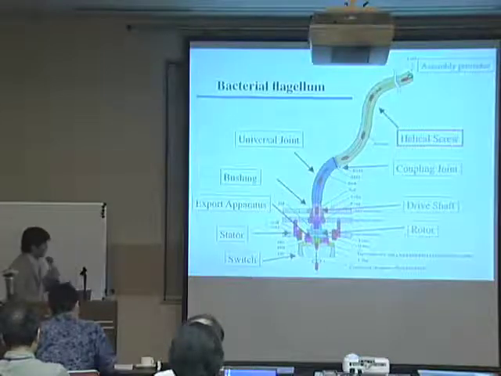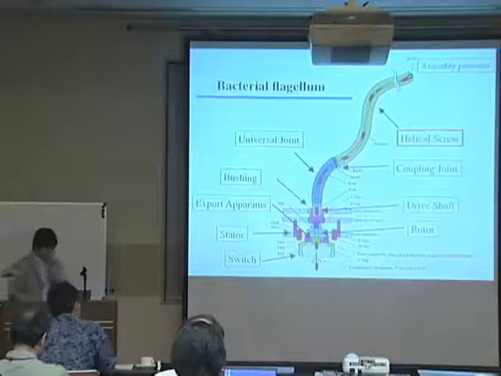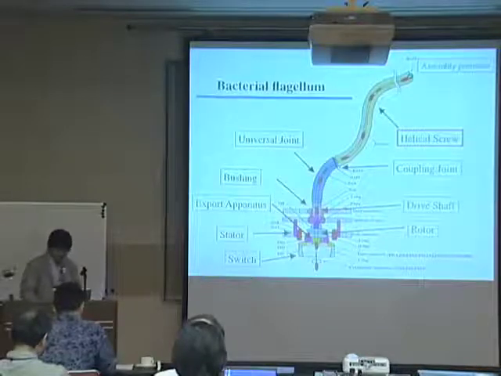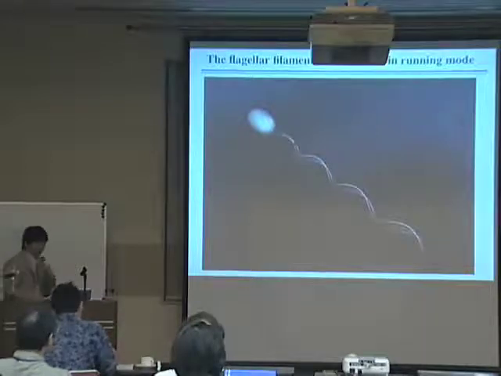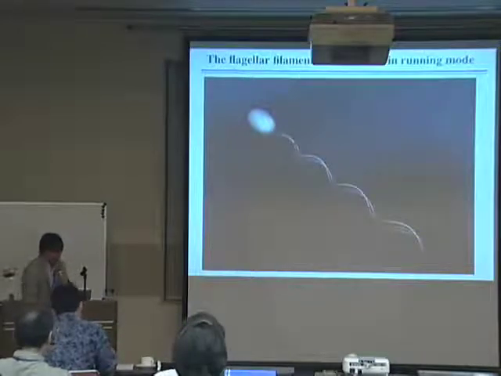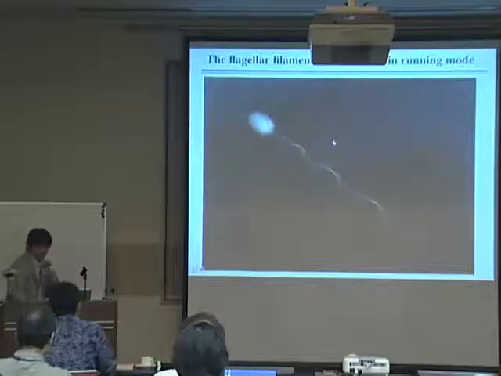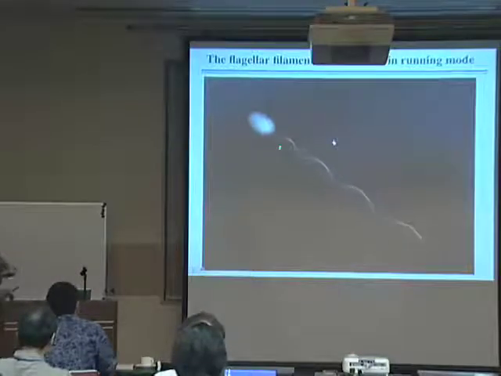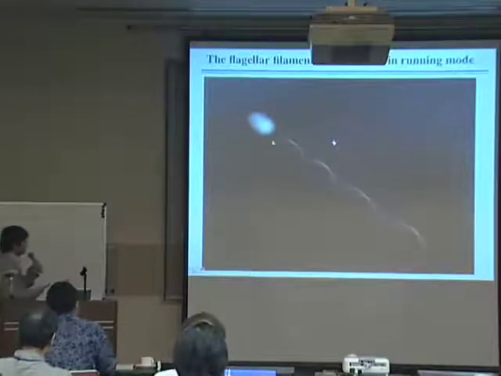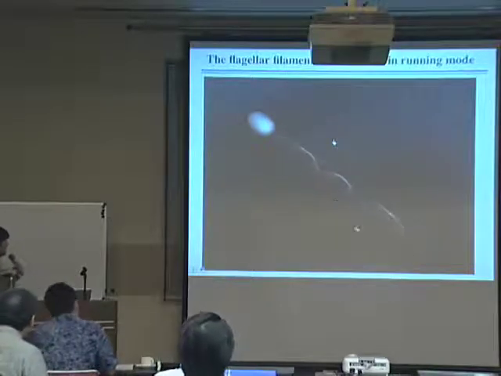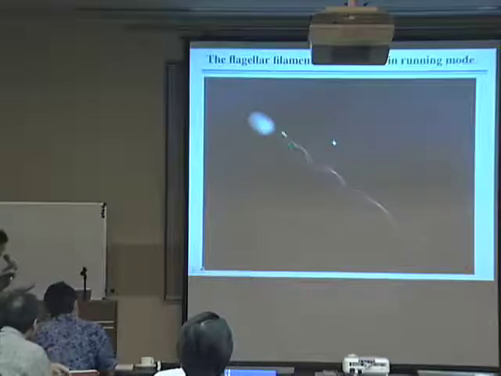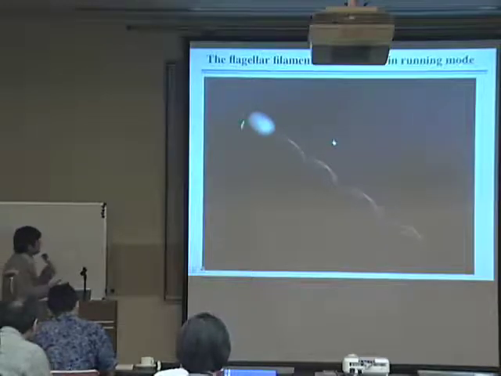In the latter half, I'd like to focus on this evidence. First, the normal part of the bacterial flagellar filament. As I showed you, the filament forms this kind of bundle and, throughout the water, propels the cell.